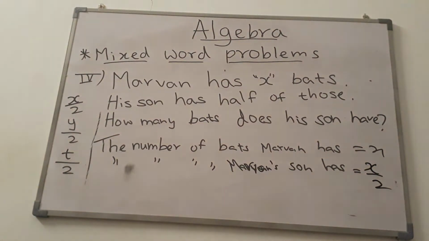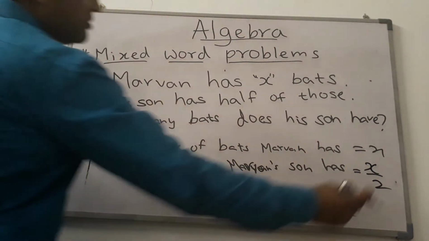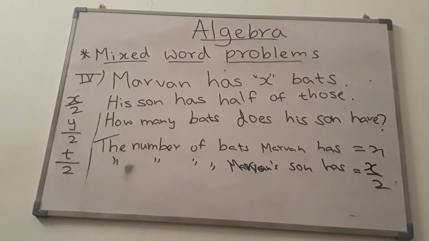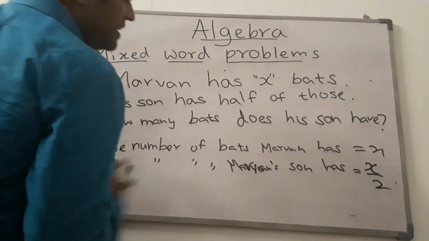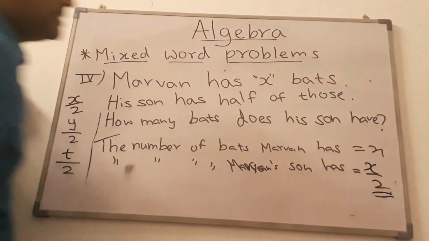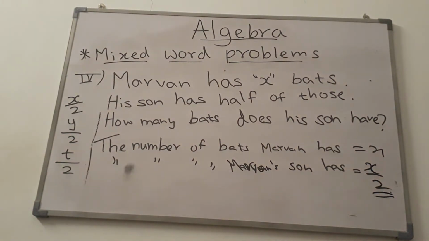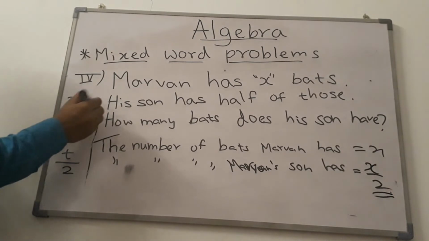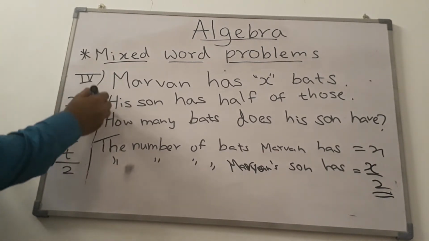More than that we can't simplify because we don't know the value of x, because x is an algebraic term. So the number of beds Marwan's son has is x divided by 2, x upon 2. Keep this in mind as well.